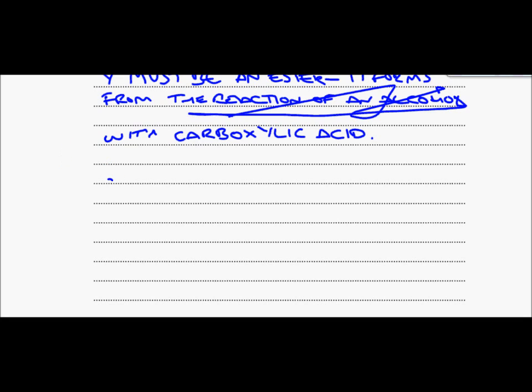So we've got our alcohol, which is a primary alcohol. It reacts with our ethanoic acid. I'm going to save drawing my hydrogens. There they go. Do put them on. Don't forget a single one, because otherwise you lose a mark.